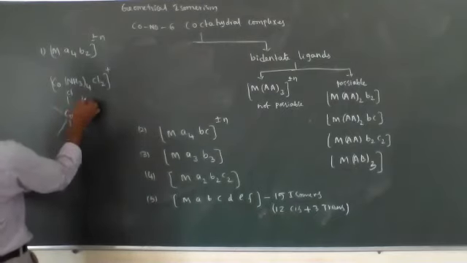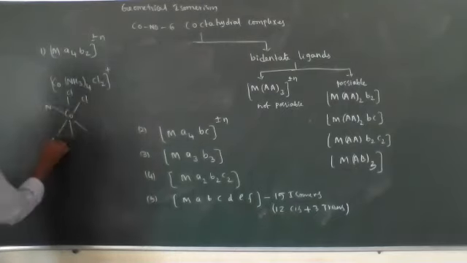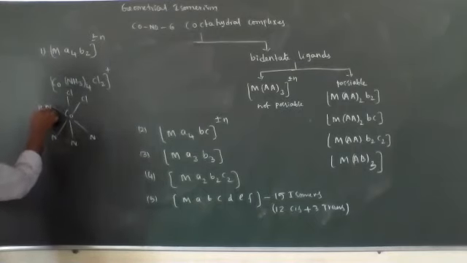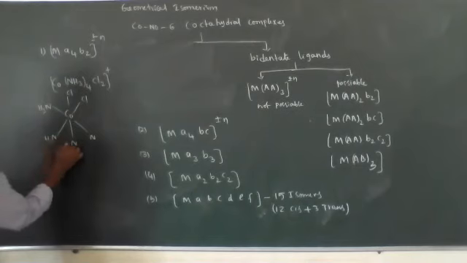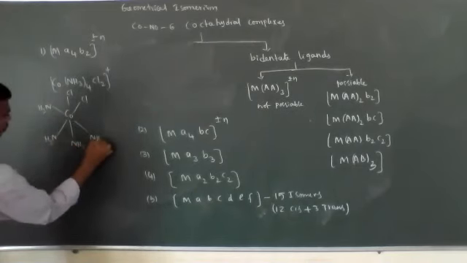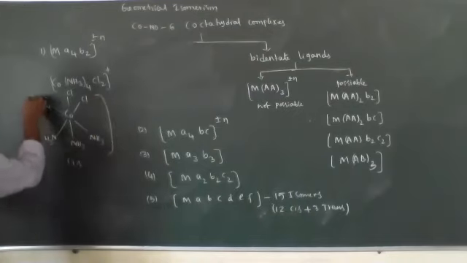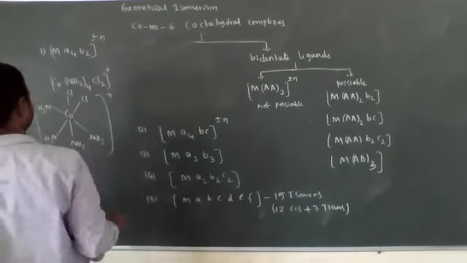Two chlorine atoms on the same side and 4 ammonia ligands on the same side is the cis form. Let's see trans.